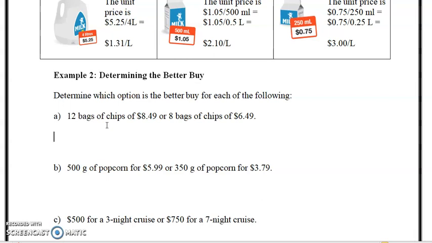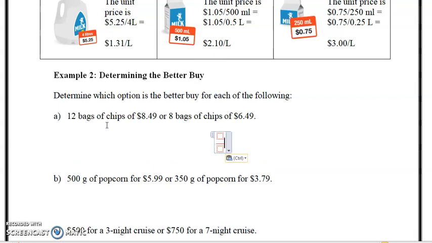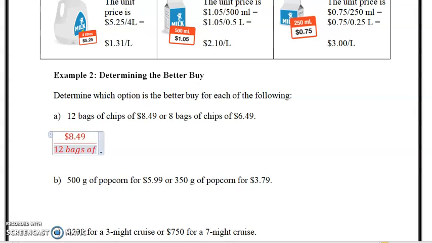So we'll divide by the number of bags in this case. We take $8.49 divided by 12 bags of chips, and for short we can just say 12 bags. That's going to equal 8.49 divided by 12.